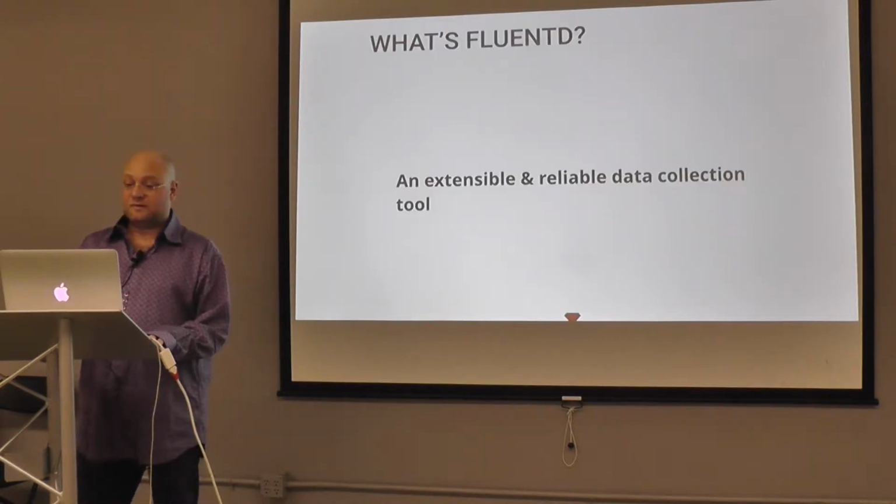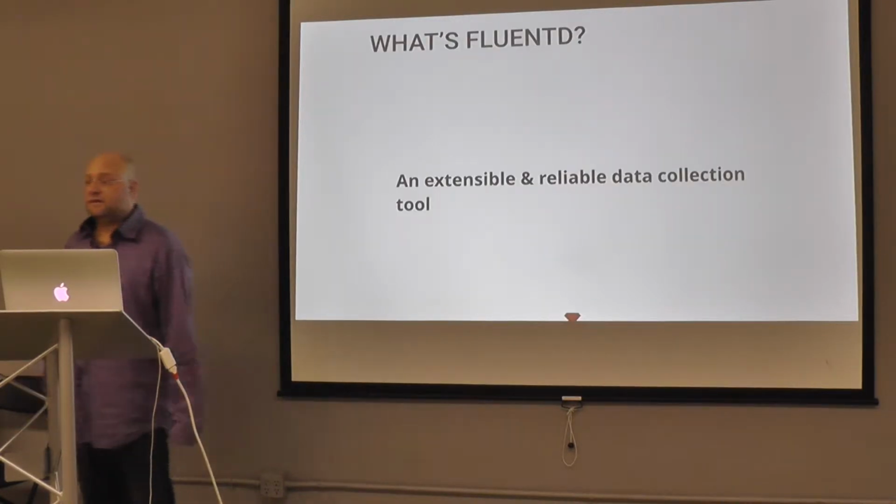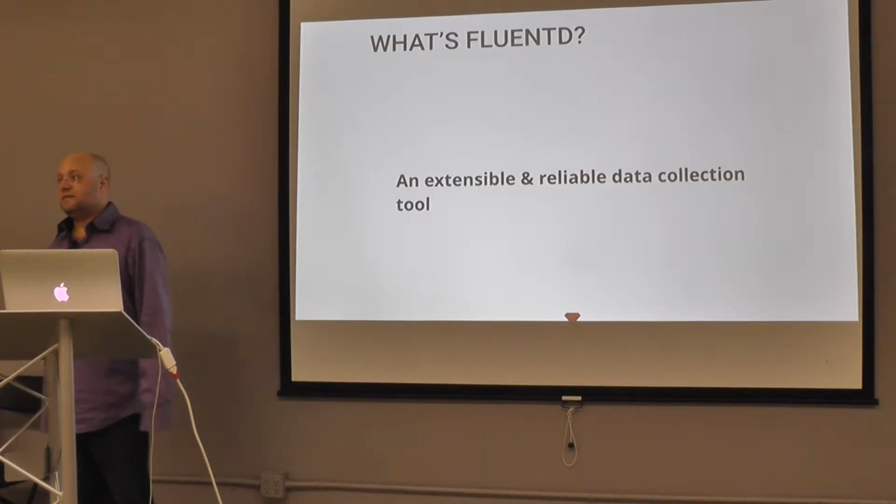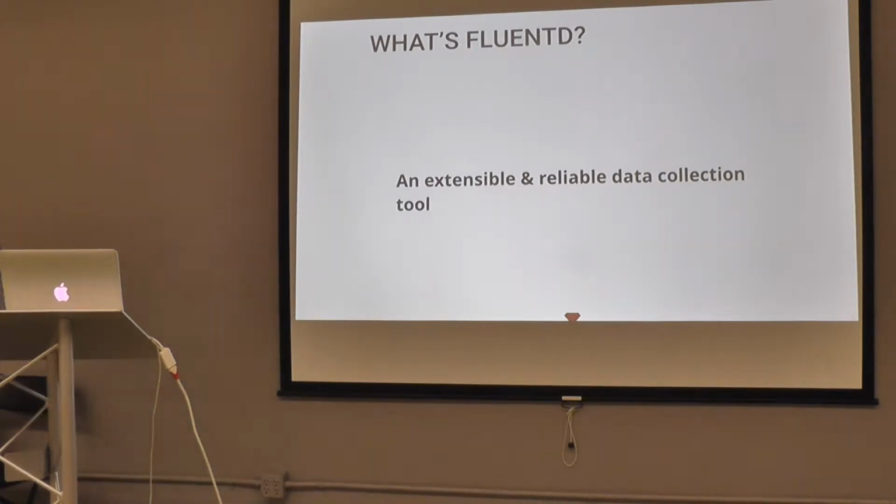So let's learn a little bit about Fluentd. What is Fluentd? Well, as I said before, it's about logging, but it's actually a little bit more than that. It's not just logging data that we can collect. It's pretty much anything, right? Anywhere we can forward data from some point in our system to some other point. For example, a web log might be an obvious thing.